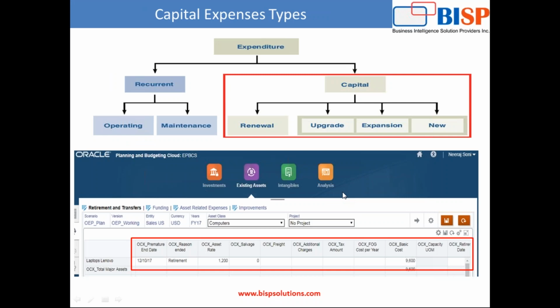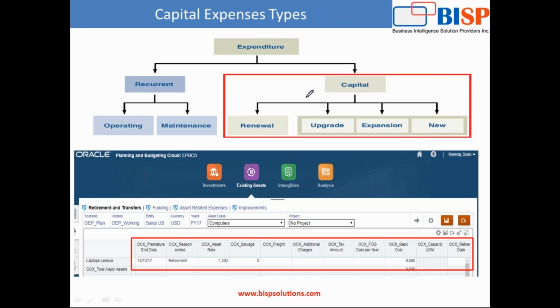Another interesting thing you should know before you start working in the capital expense module, in addition to procuring an asset, is where else you need to invest money. So once you procure an asset, you may need to add more money in asset upgrade. Maybe you have bought office equipment or machinery, a manufacturing device, but the manufacturing machine is not productive.